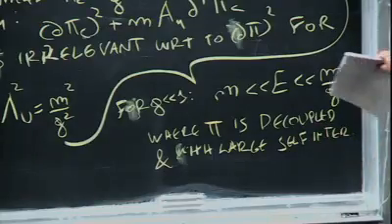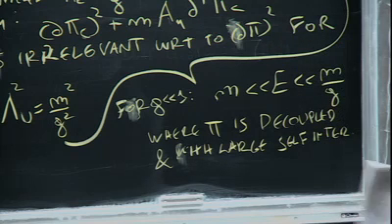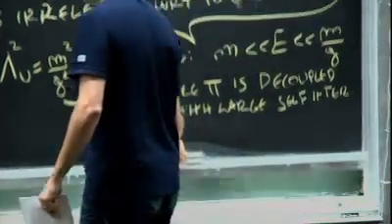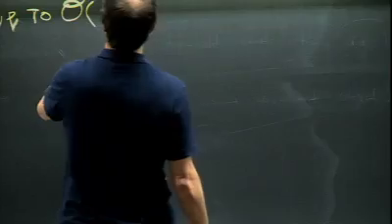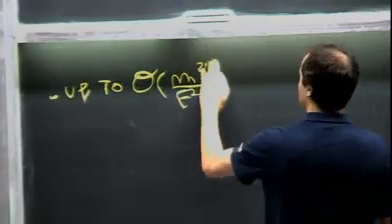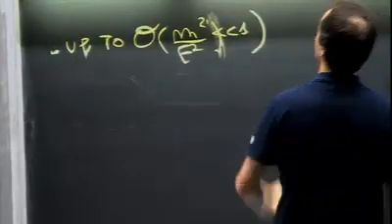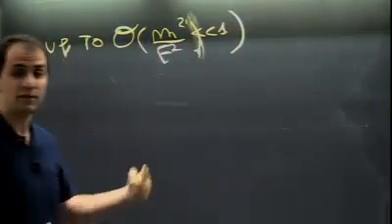So this means that if you are in this regime, up to corrections of order m^2 over E^2 much less than 1, I can simply describe the self-interaction of the gauge boson with that Lagrangian.